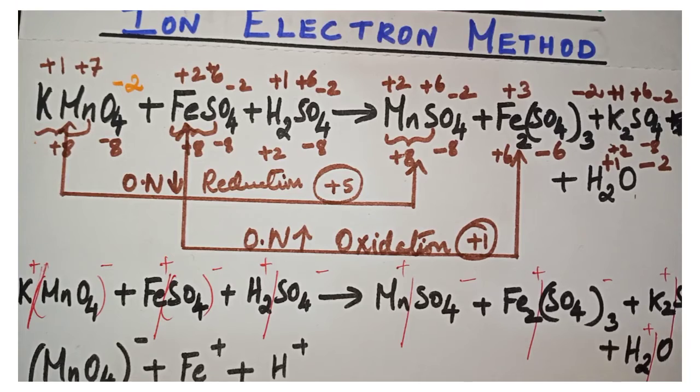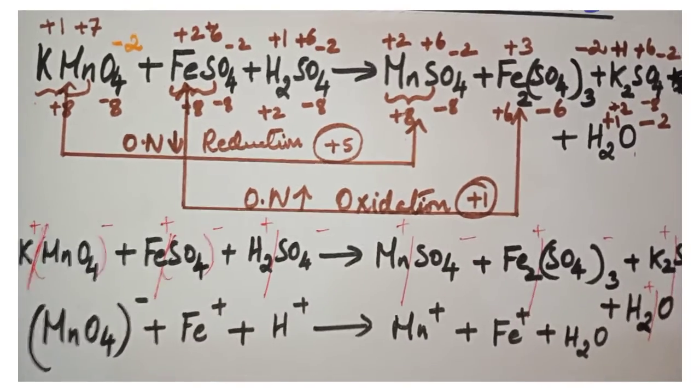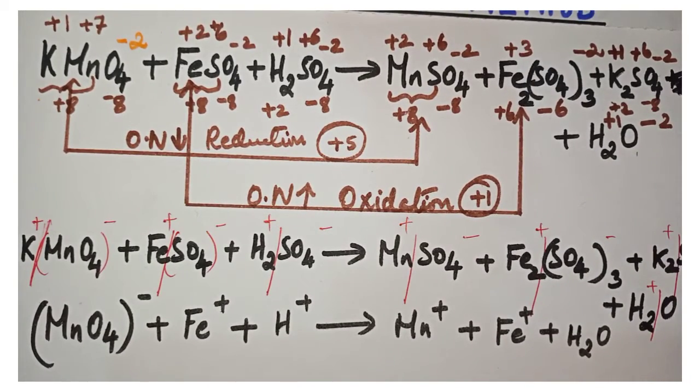Then Mn plus, Fe plus, here also Fe2 is there, so I just write 1, Fe plus. And here potassium sulfate, I did not write K here and I don't write it here either, because the charge is the same on both sides, so need not write. Then plus water molecule, so water I write as it is. Now I have written the ionic form.